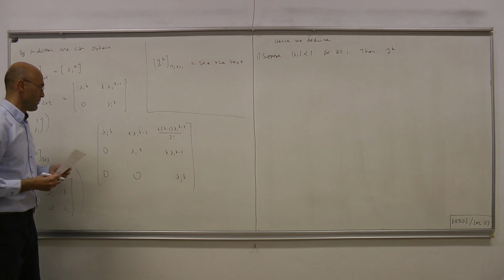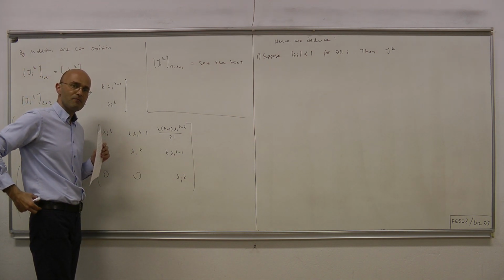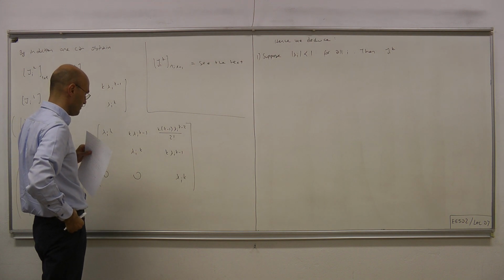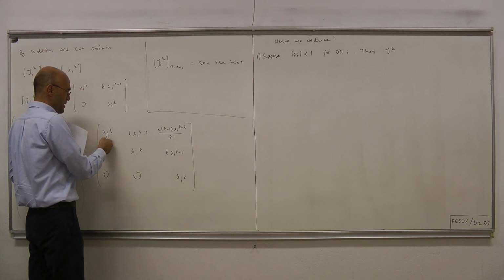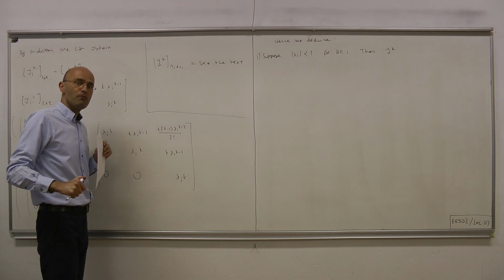Now we have this form, and all these lambda i's have strictly smaller than 1 magnitude. So that means as k increases, they're converging to 0, and they're converging to 0 exponentially.